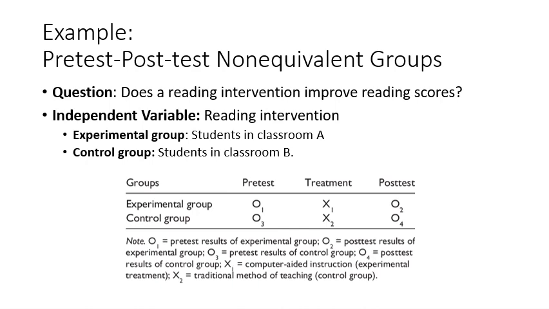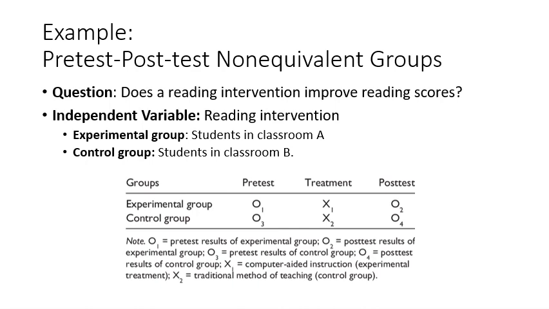The independent variable would be the reading intervention, and it would be given to the experimental group and not given to the control group. But notice who these groups are. Here we have the students in classroom A as the experimental group, and the students in classroom B are the control group. And what do we know about those classrooms? They might be different for a variety of reasons.